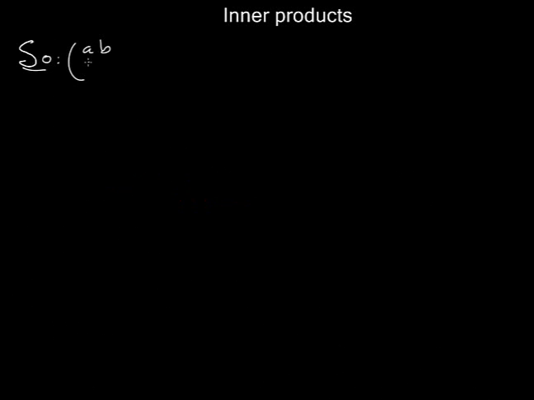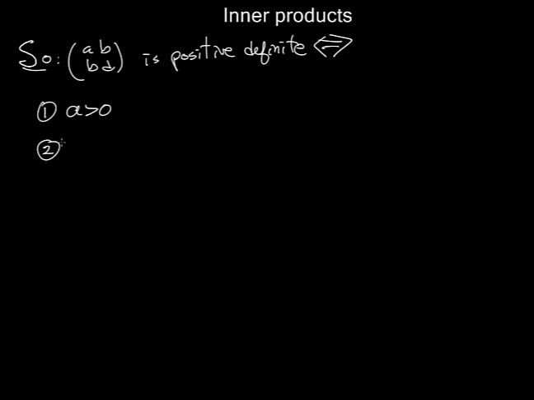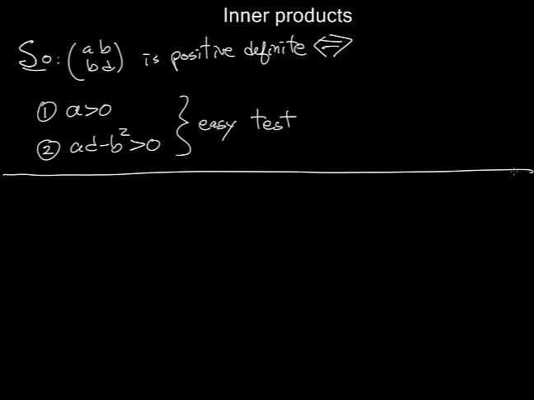If you have a 2 by 2 symmetric matrix like this, the condition for it to be positive definite is the following. First of all, a has to be positive. And second of all, the determinant has to be positive. And of course, that's a very easy thing to check. It's much easier than computing the eigenvalues.